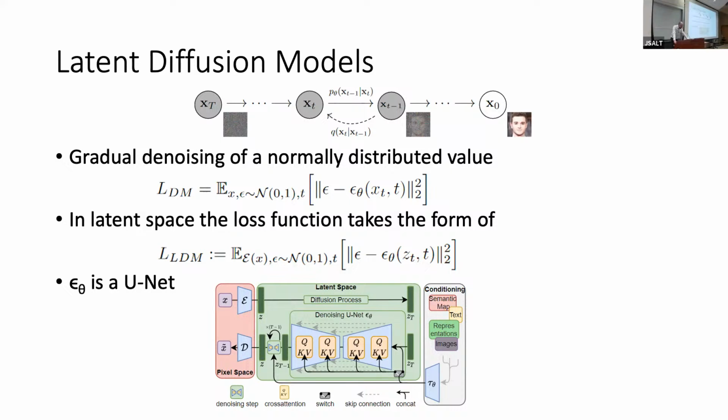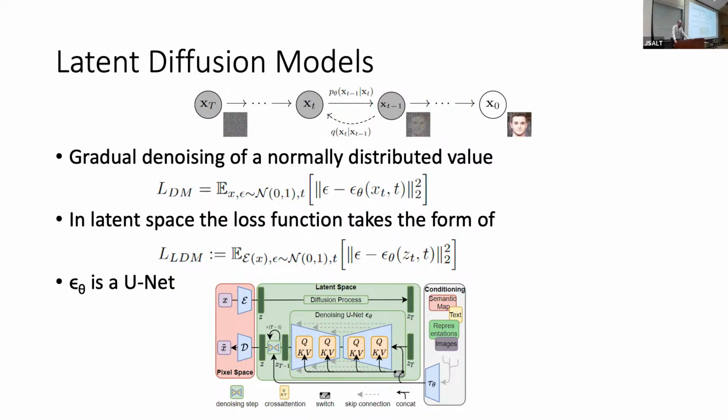Really, you are just doing mean square error of the reconstruction of your diffusion step. We are estimating the noise that I should subtract from the noise I have to get the noise from the diffusion process from the step ahead.